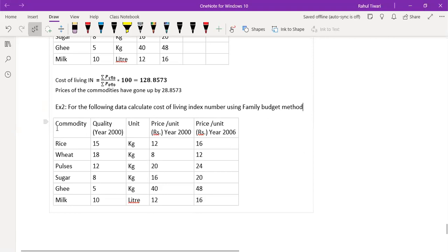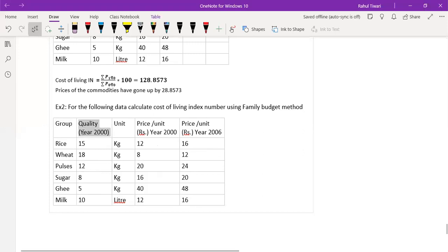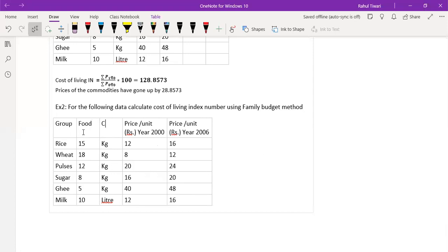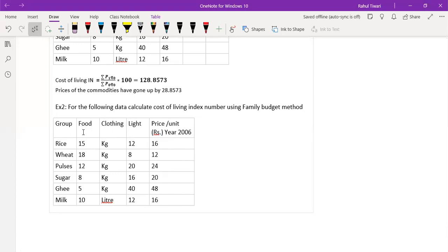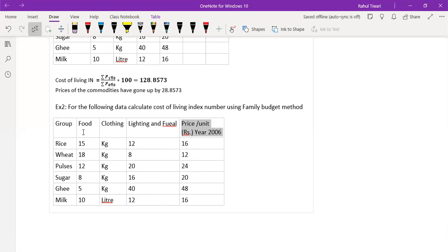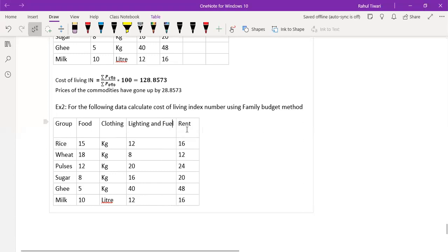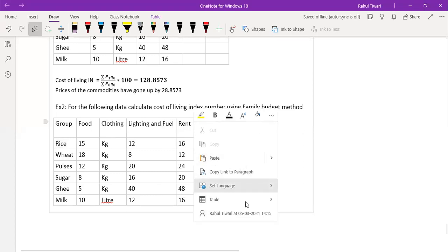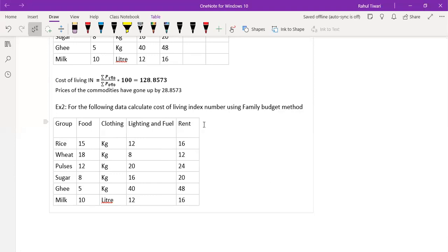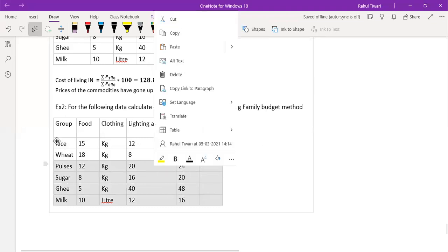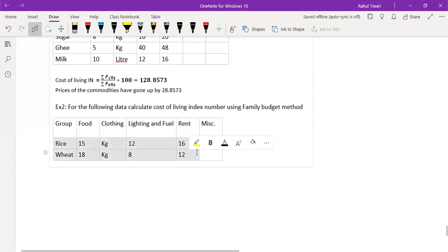Here we have groups: food, clothing, lighting and fuel, rent, and so on.